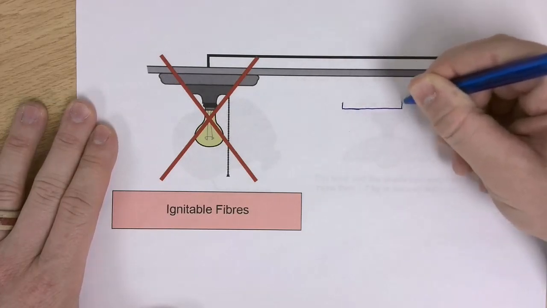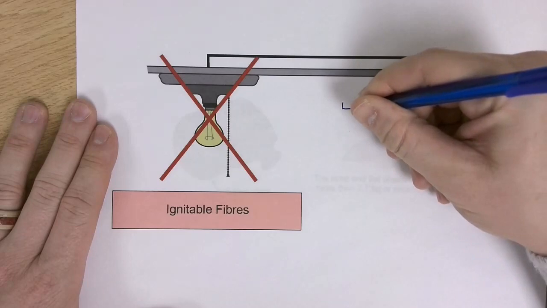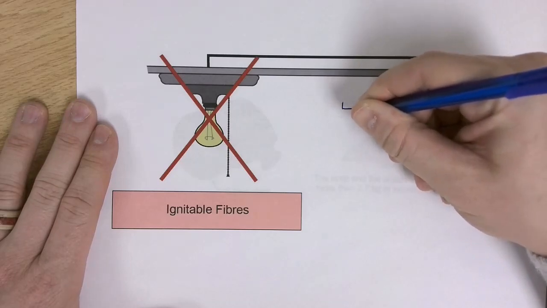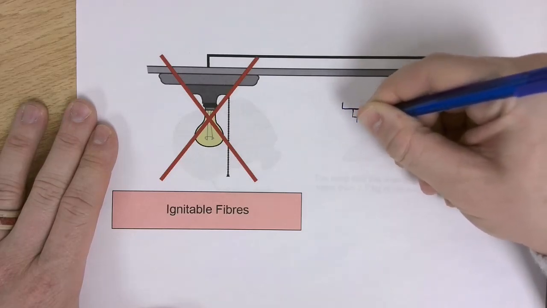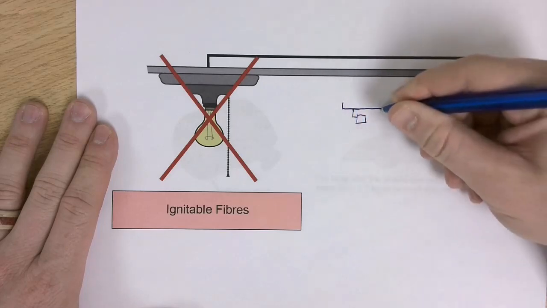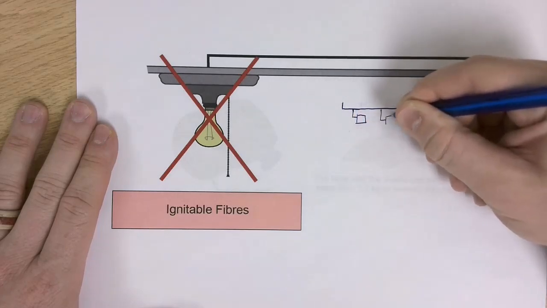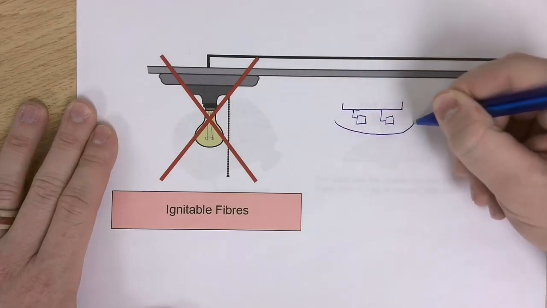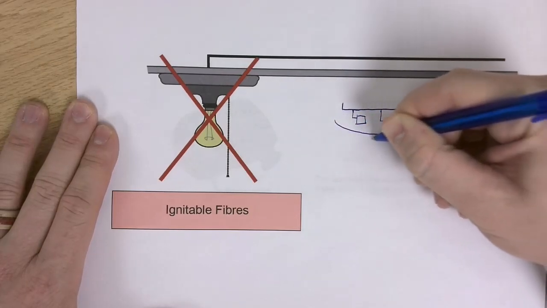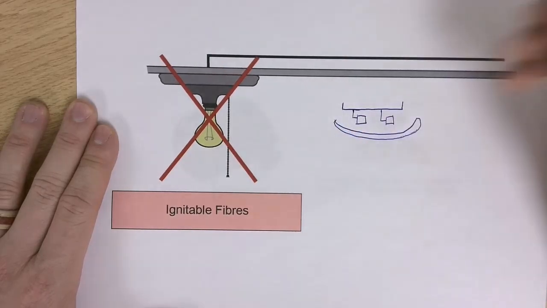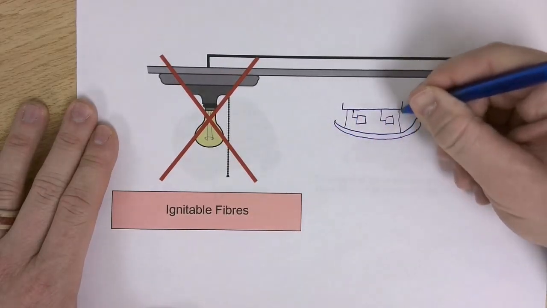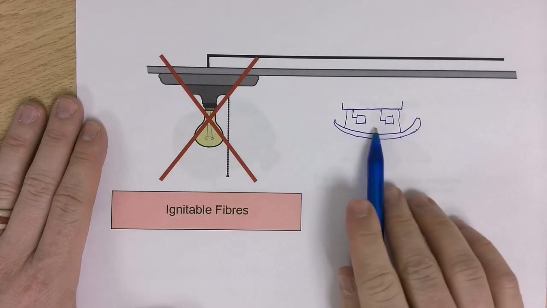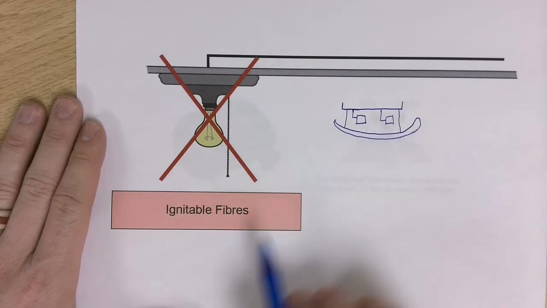I'll draw a side profile of it. Some kind of light that has the lamp holders but is covered by some kind of shroud that is attached to the luminaire. That's not a bare lamp type of luminaire.